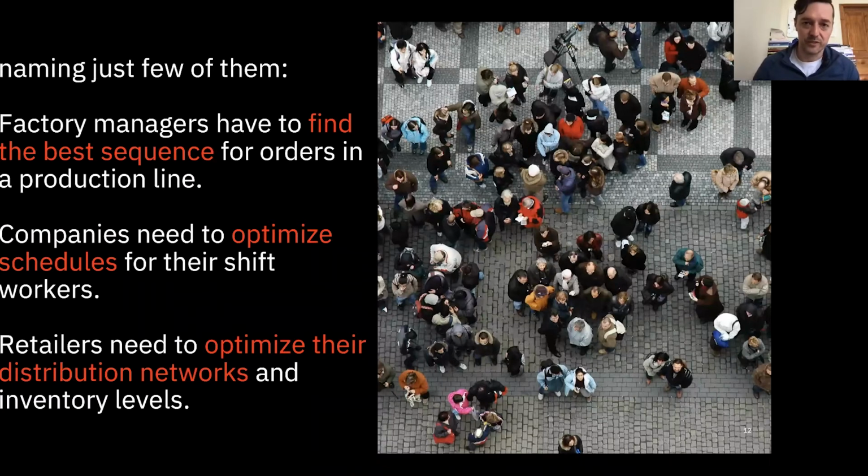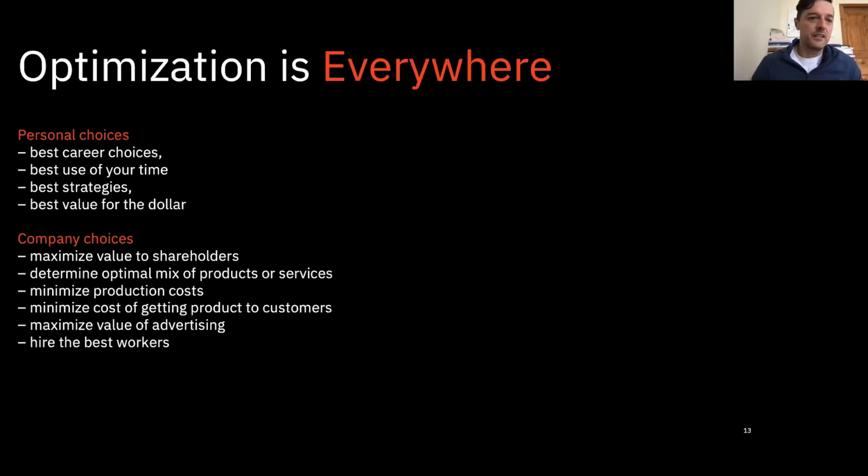So this is also a trade-off. Optimization is pretty much everywhere. Of course, you cannot build good models everywhere. However, you can at least try with your data science guy. There are personal choices, there are company choices, and there are a lot of use cases there.